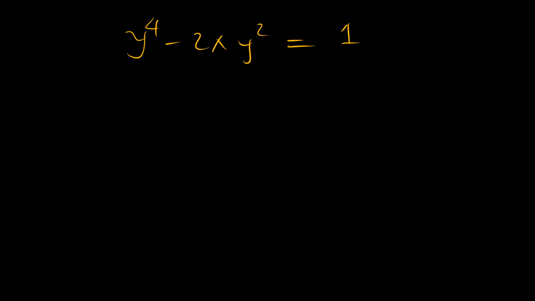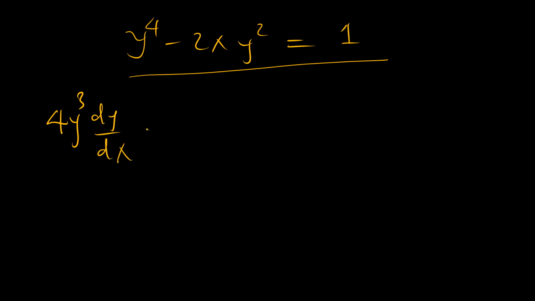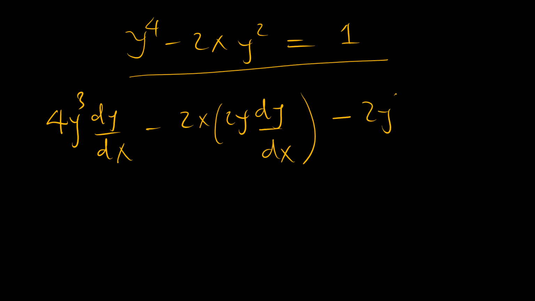And this is an interesting place to stop, because we can differentiate: 4y cubed dy/dx minus 2x times 2y dy/dx minus 2y squared equals 0.